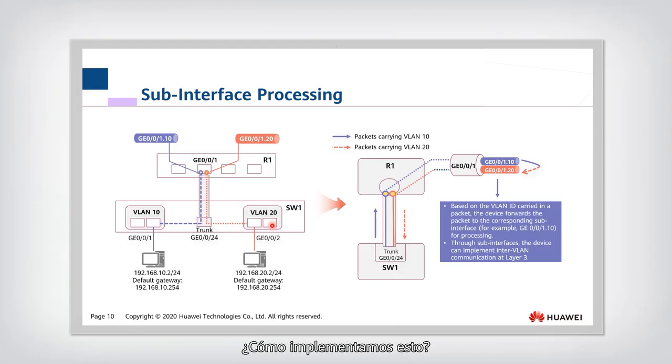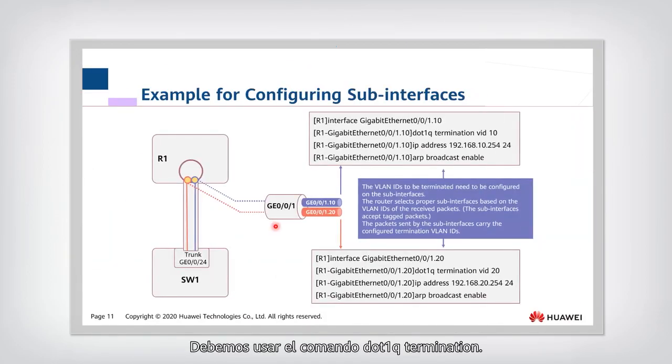So how do we implement this? We need to use the dot1q termination command. The configuration of this sub-interface layer 3 forwarding is as shown in this figure.